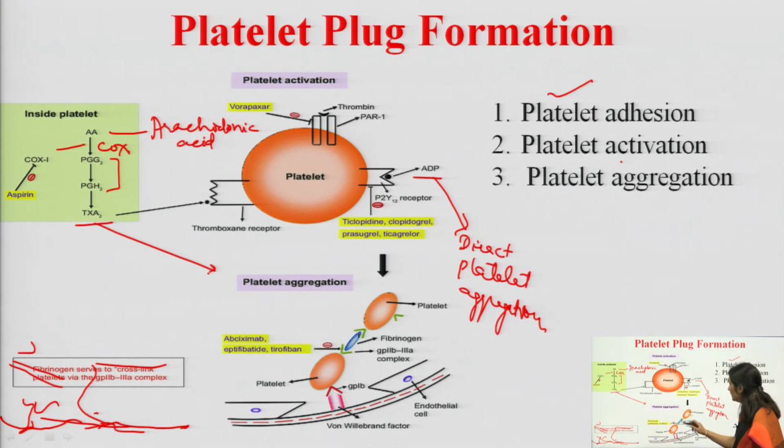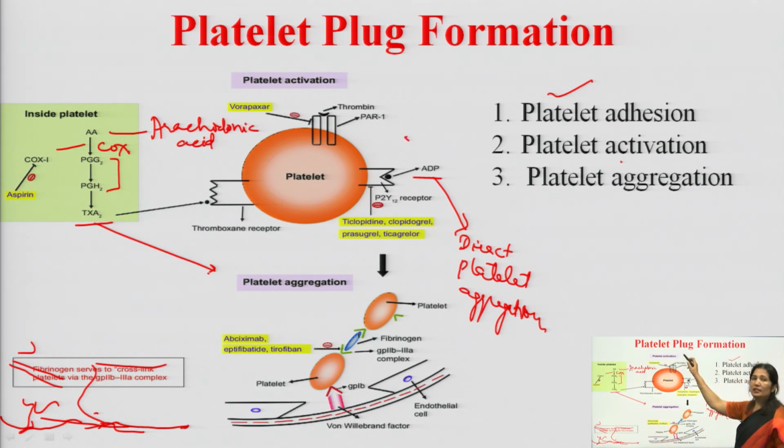This results in platelet aggregation and thus the platelet plug forms. Once again, platelet plug formation involves three steps: platelet adhesion, activation and aggregation.